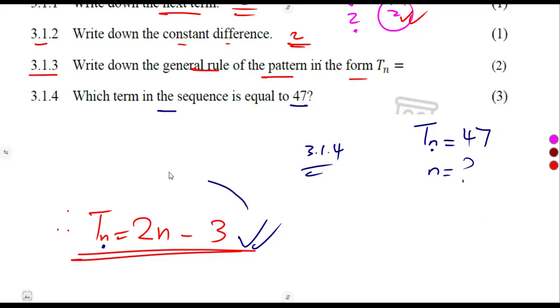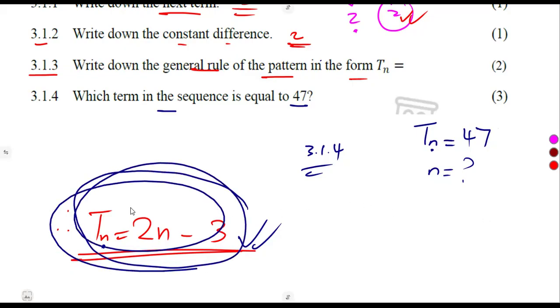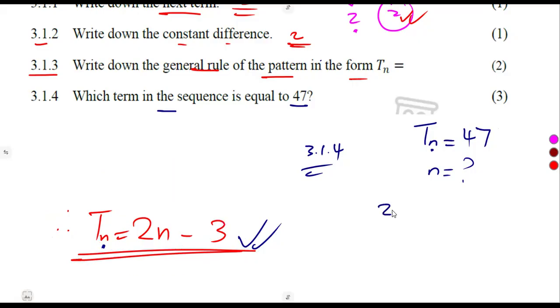So what are they saying? We simply equate this Tn that we see as an expression to the Tn that we see as a numerical value, which is 47. These two represent the same thing. So as we can see, we formed an equation where we need to solve for n. So find n.